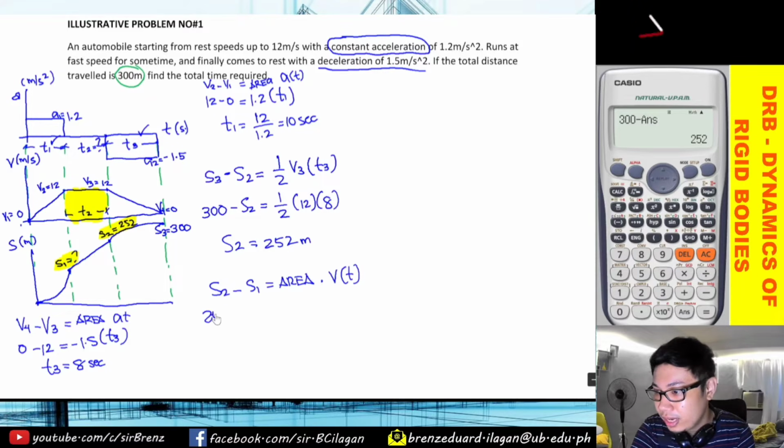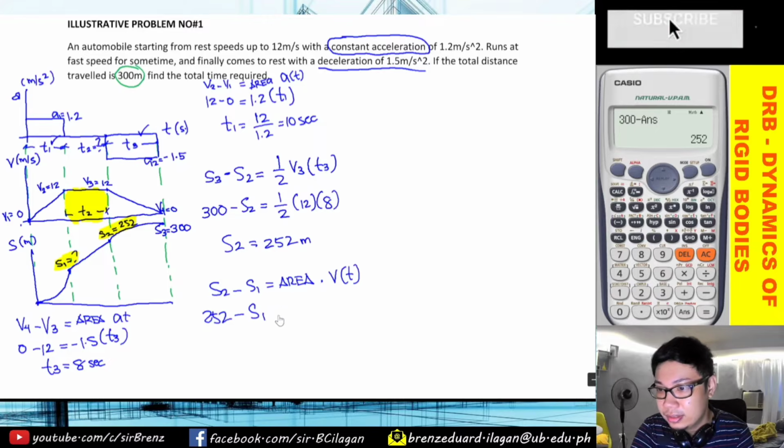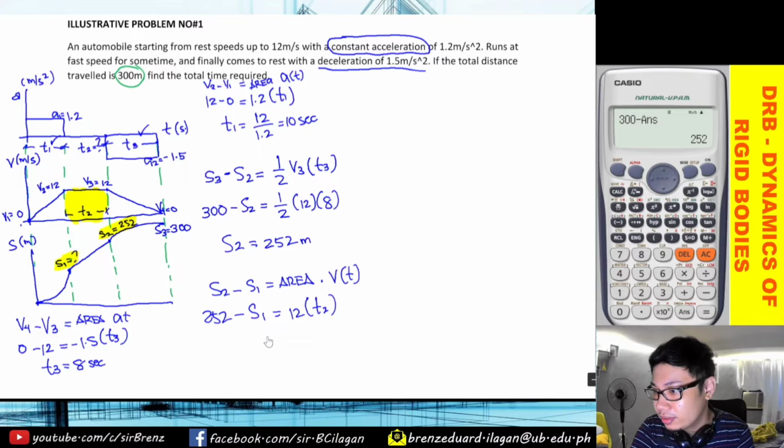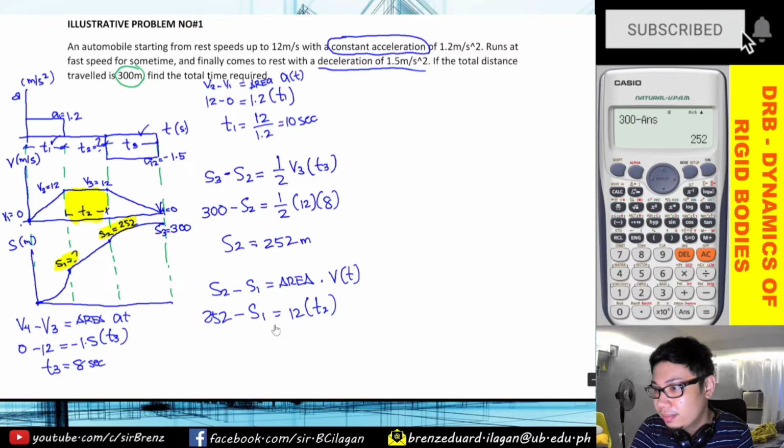So that is 252 minus S1 is equals dito sa area nito. So that is 12 times T2. Ayan. Wala pa akong S1. Pero wala pa tayo guys S1. So paano mo compute yung S1?